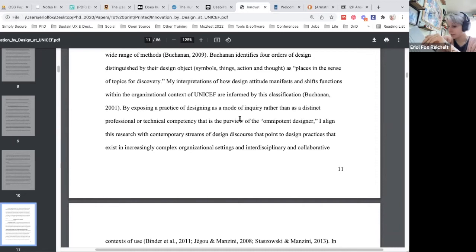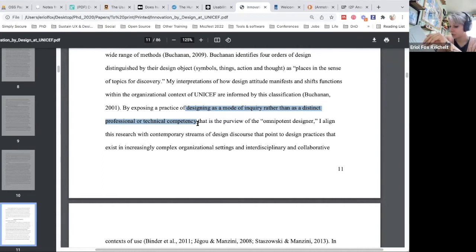I think the one thing that I want to pull out here on page 11 is designing as a mode of inquiry rather than a distinct professional or technical competency. So this is interesting when we think back to the example of I2P that I gave.